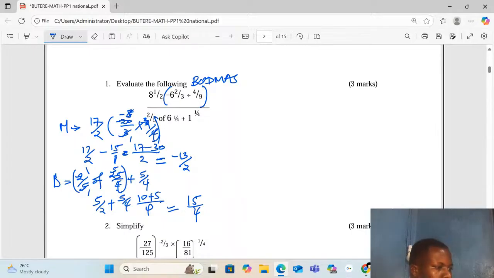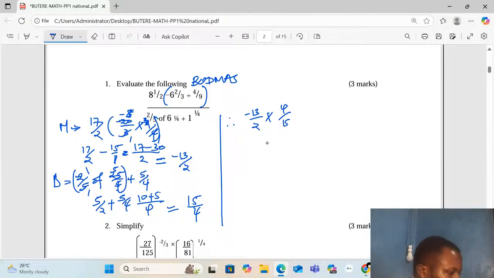Now we take our numerator over denominator. Therefore, our numerator is negative 13 over 2. Now we divide, so that means we multiply by the reciprocal of the denominator, which is 4 over 15.